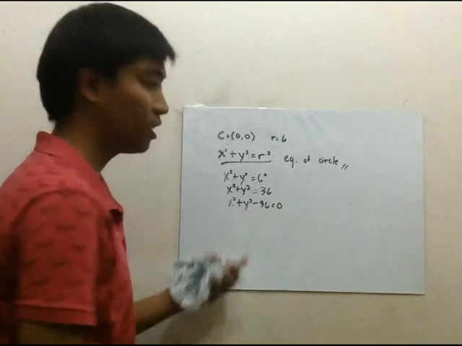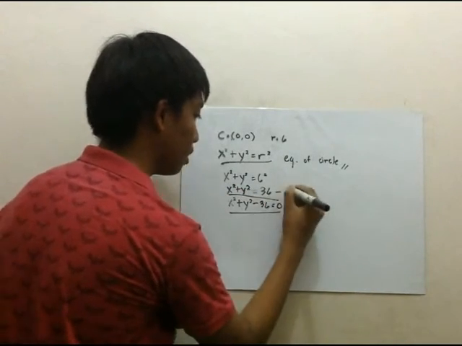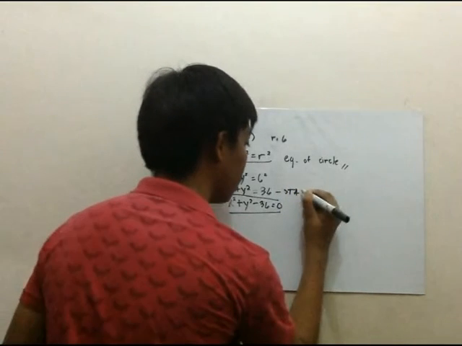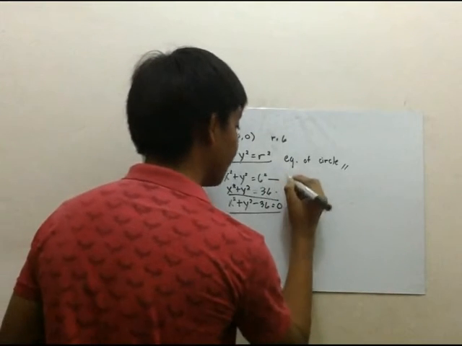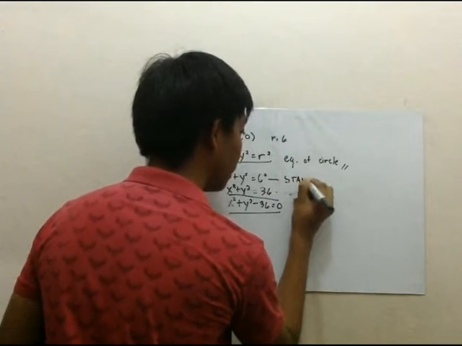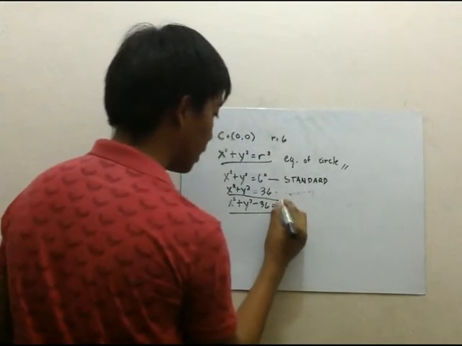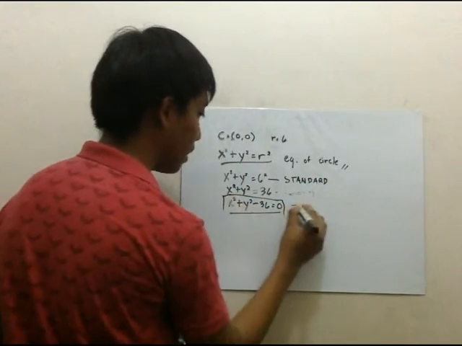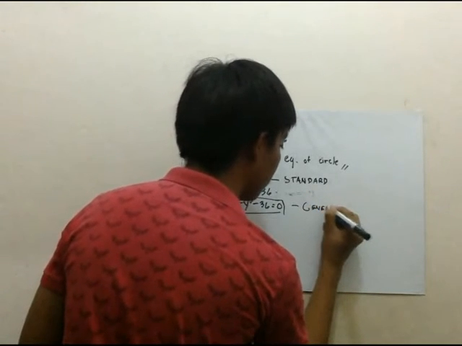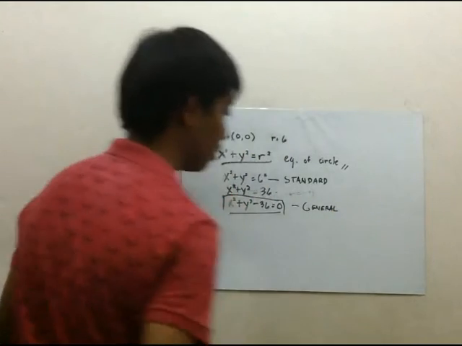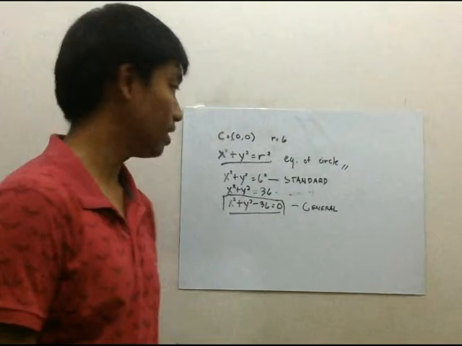So here it is, the standard. Alright, wait. This is the standard, sorry. And this is the general term or form. General form. So this is easy and yet simple.